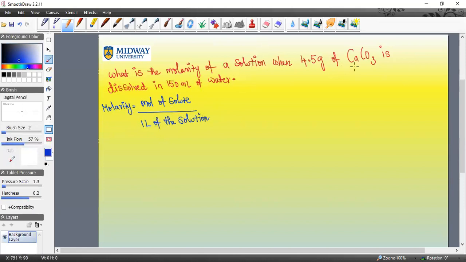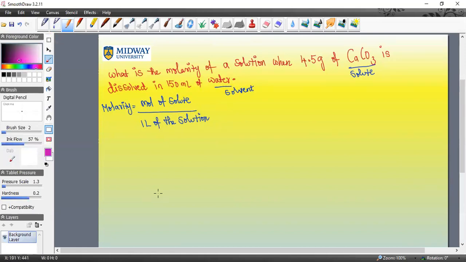This right here, folks, is our solute. Water is a universal solvent, so there's no question. Water can never be a solute. Water can only be a solvent. So our first job is to figure out the moles of solute.